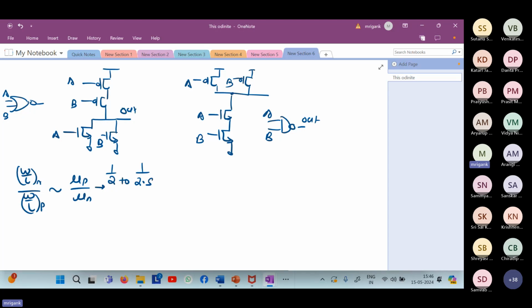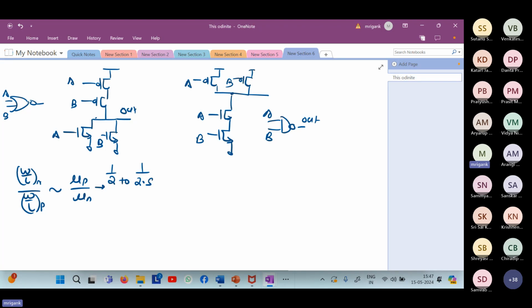In your simulation that day, we have seen it was coming almost like 3 times, almost as high as 3. So we had to set it to almost a 3:1 ratio to get the rise time and fall time almost equal. Rise time and fall time is what we had discussed last time.